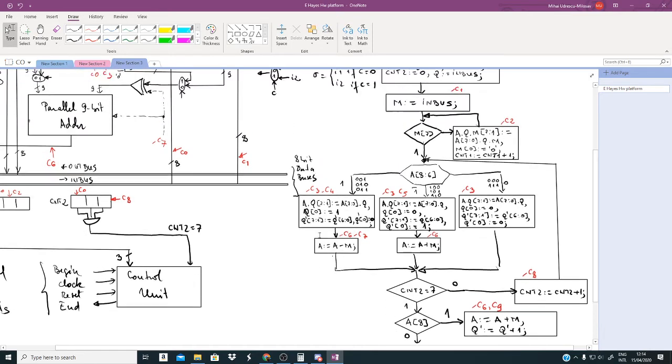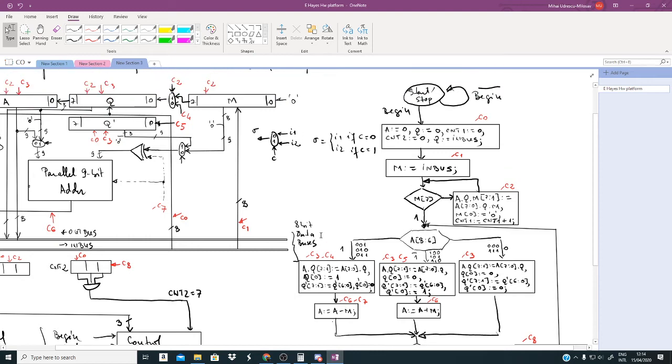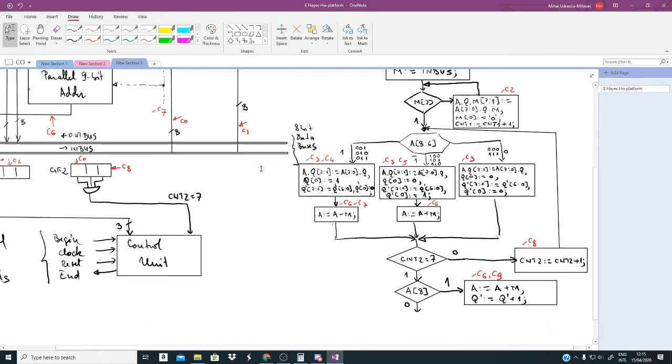So we already put C6, but C9 is to be put here. C9 increments register Q prime. All right. And then we are ending up in the same point, which means here.